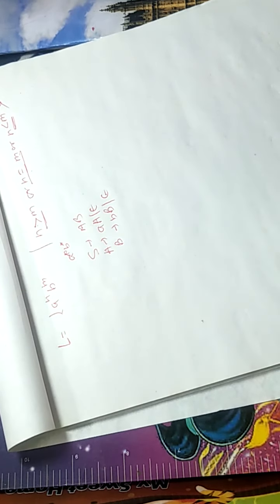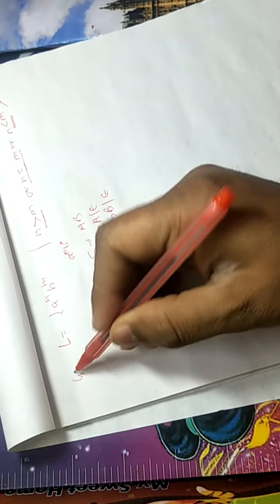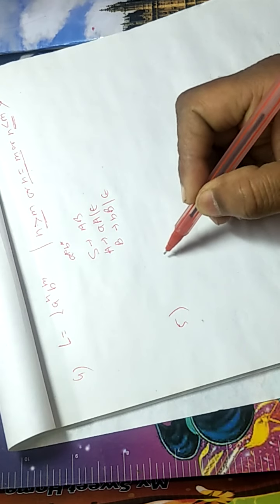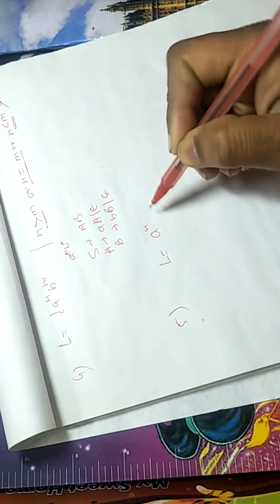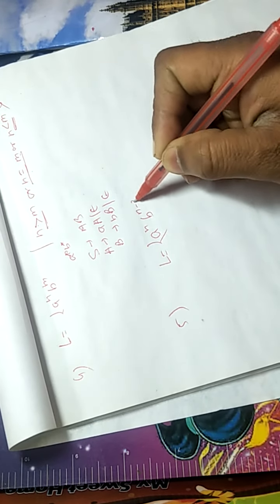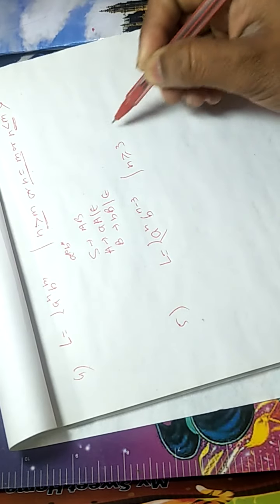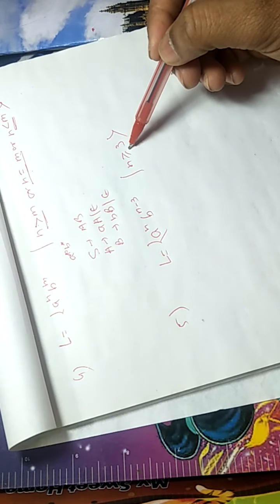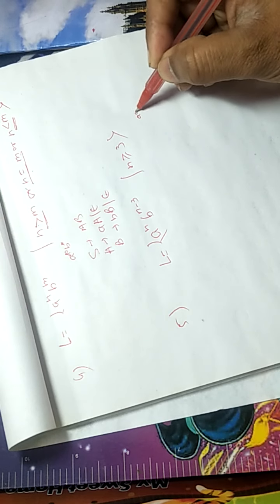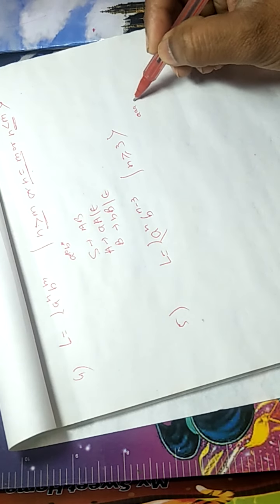Let's move to language number 5. L is a^n b^(n minus 3), n greater than or equal to 3. If you put n equal to 3, you will get 3a and 0b.